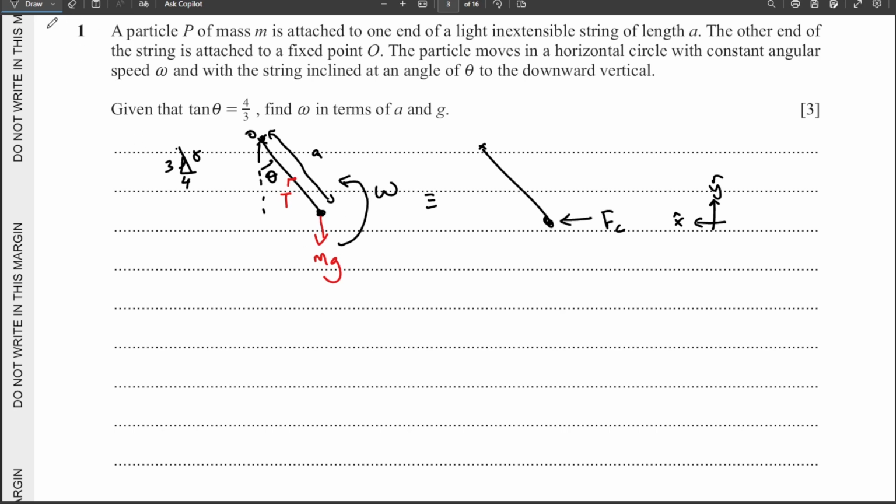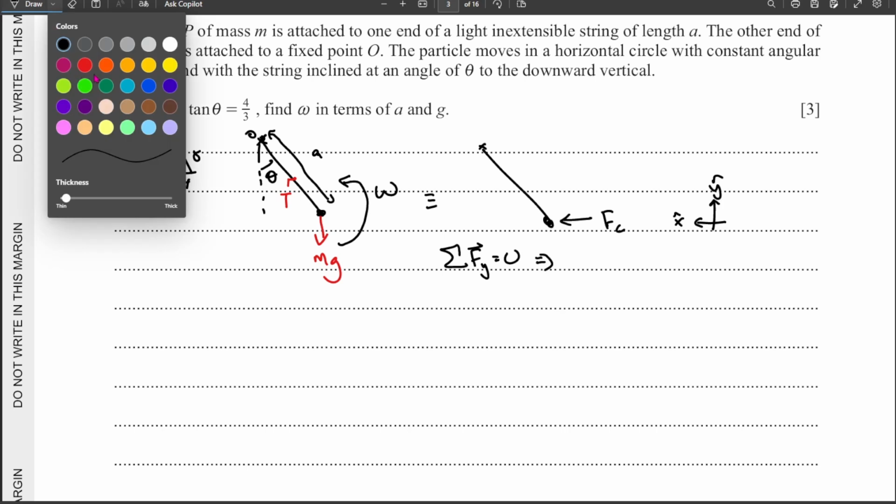There's no net force in the vertical direction, right? So by Newton's first law, there's no net force, so there's no acceleration. So the sum of F in y will be 0. Out of the forces in y, we have tension.